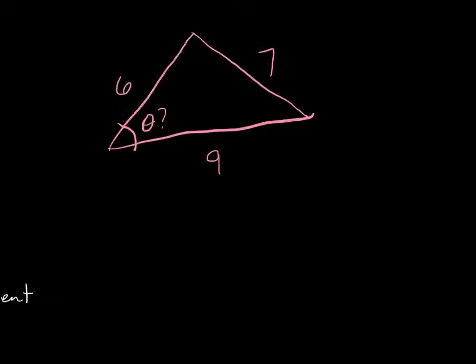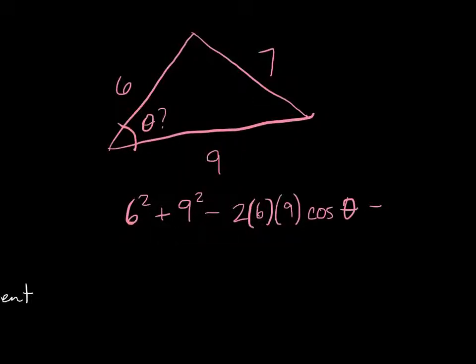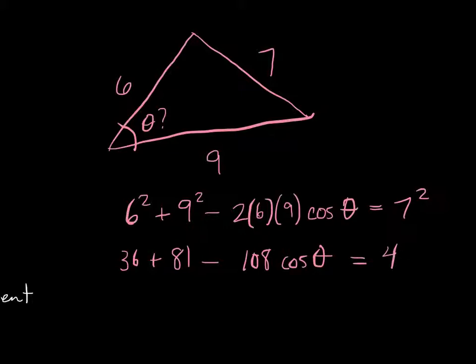Then I'd say 6 squared plus 9 squared minus 2 times 6 times 9 cosine theta equals 7 squared. I hope the numbers work out. 36 plus 81 minus 108 cosine theta is equal to 49. Then you would add these.